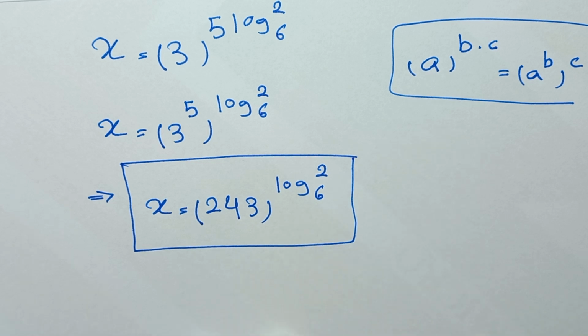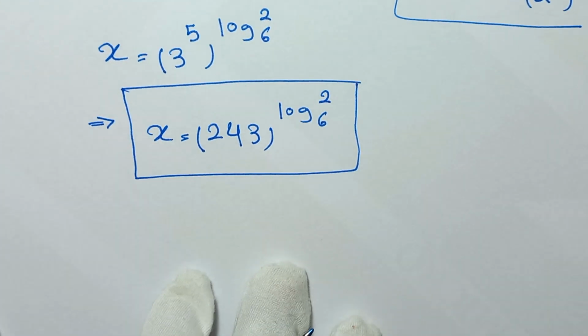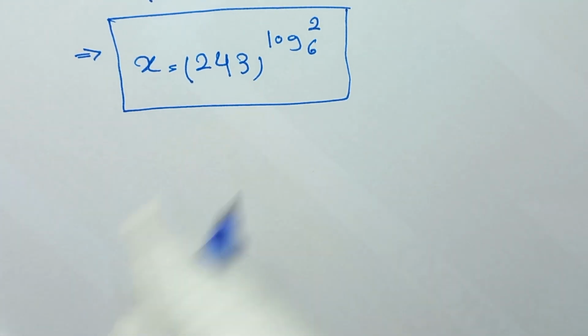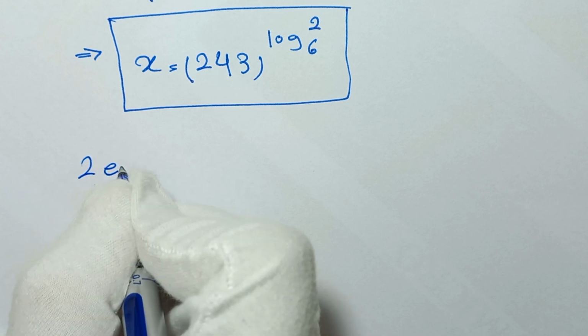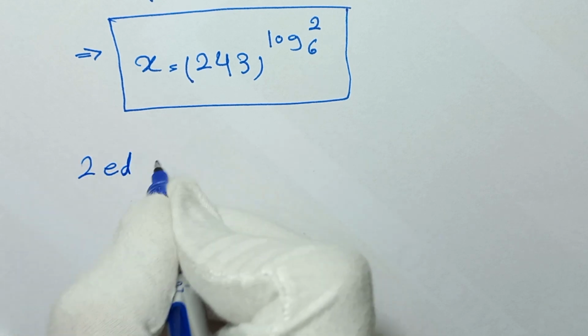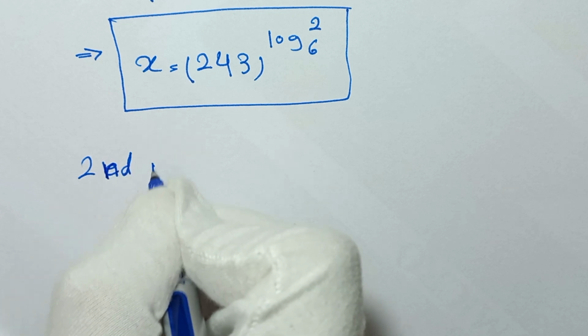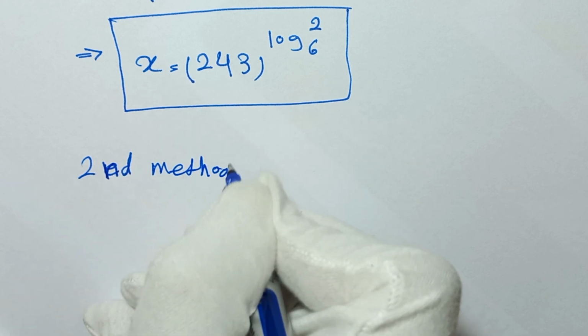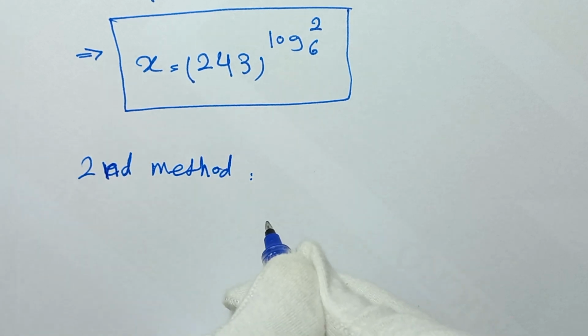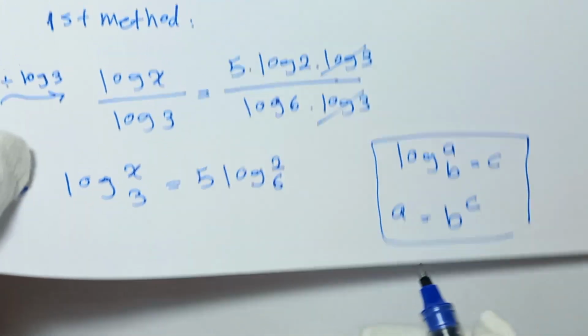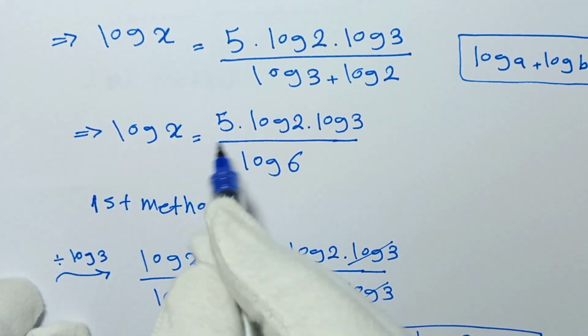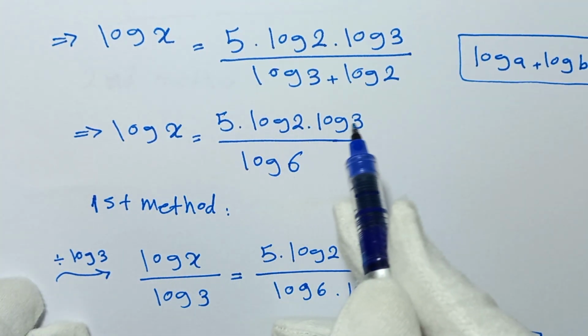In the next step, we solve with the second method. From here, we have log x is equal to 5 times log 2 times log 3 over log 6.